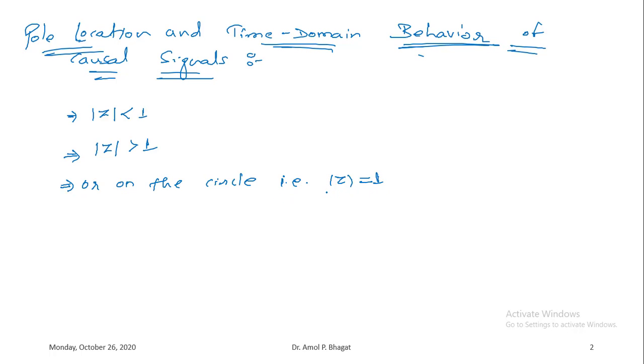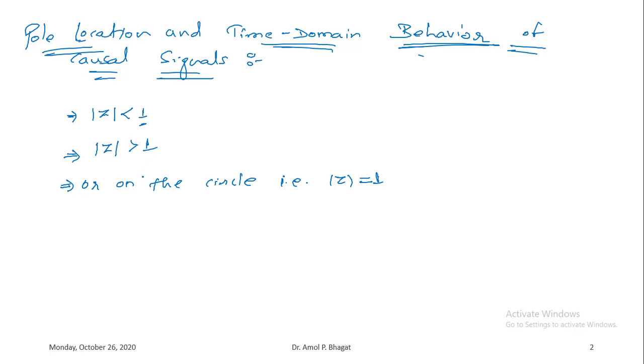In all these three conditions, we're comparing the pole's location with the value 1.